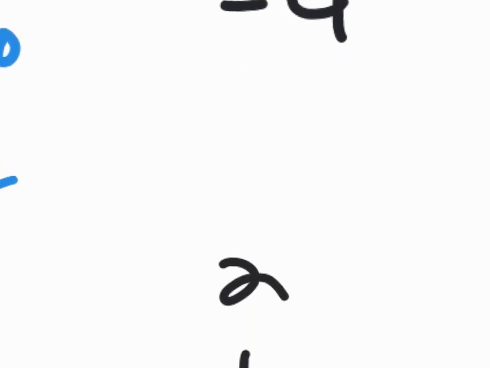That's row 1. And the last 0 I need is here, so negative 2, row 2 plus row 1.